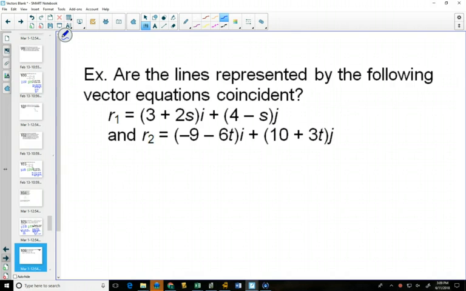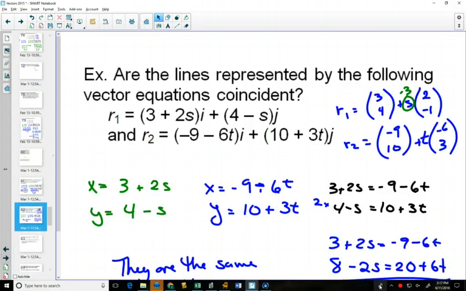All right, try this one on your own. See how you did. So off to the side here, I rewrote equations in the vector form, just to help see.